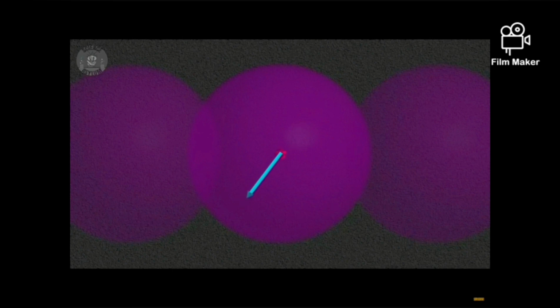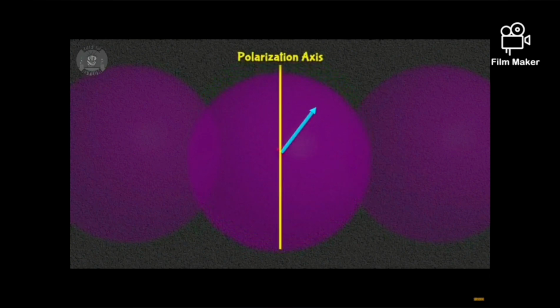The molecules in a polarizer form long chains, which are tightly bound. This limits them to vibrate only on one axis. This axis is the polarization axis, and it is found perpendicular to the chain. Even if we were to send light that isn't polarized to this polarization axis, it would still cause the atom to vibrate in this direction.